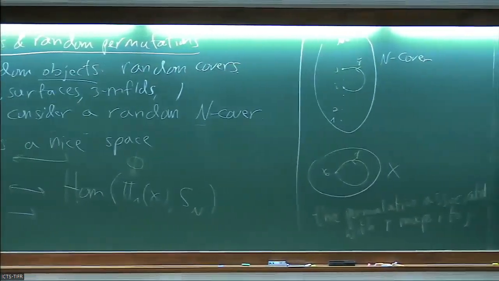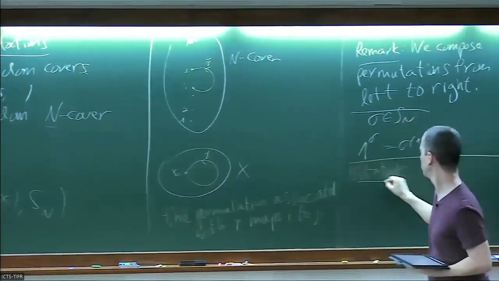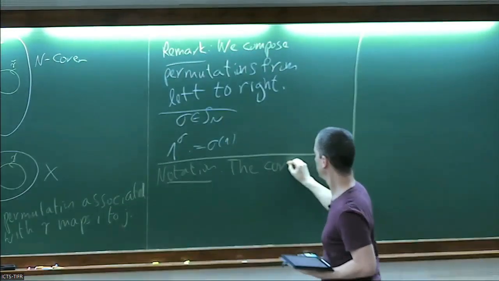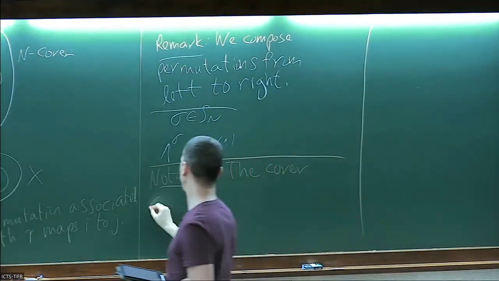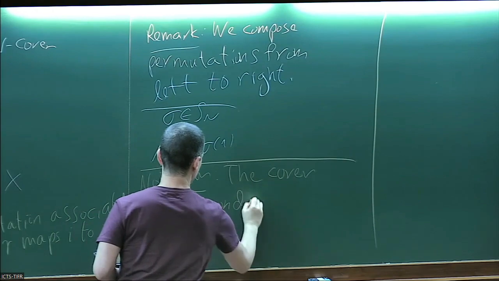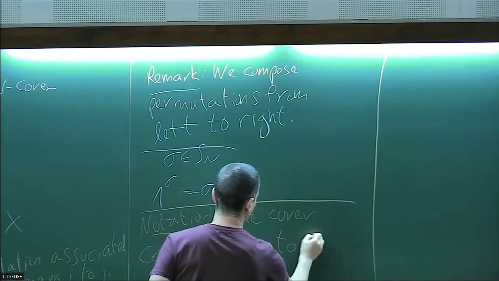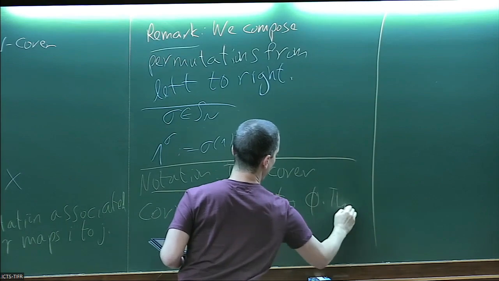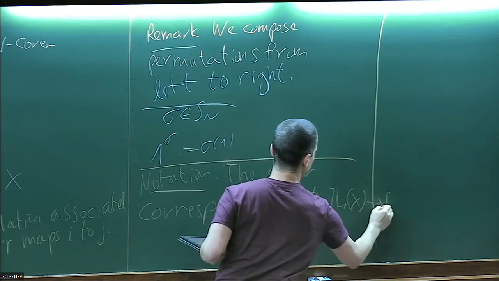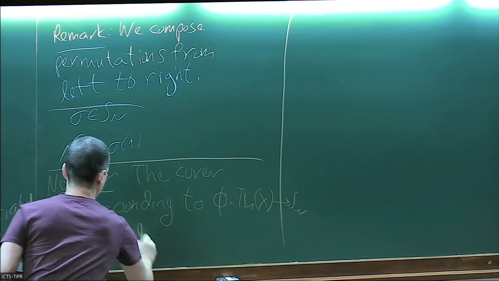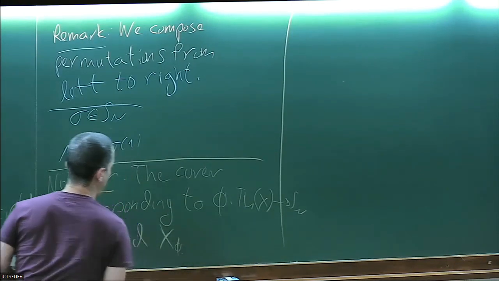Notation: the cover corresponding to phi, which is a homomorphism from pi 1 to Sn, is denoted X phi.